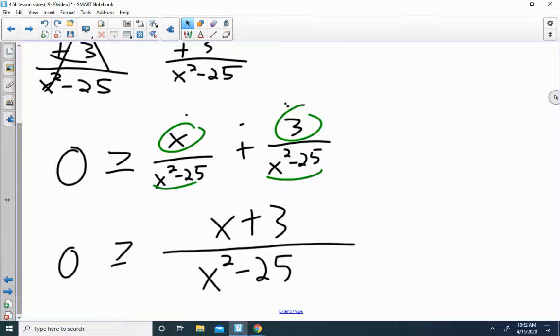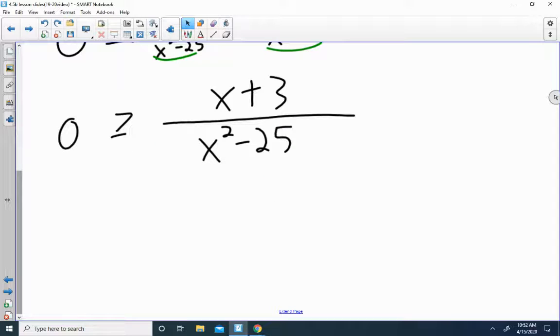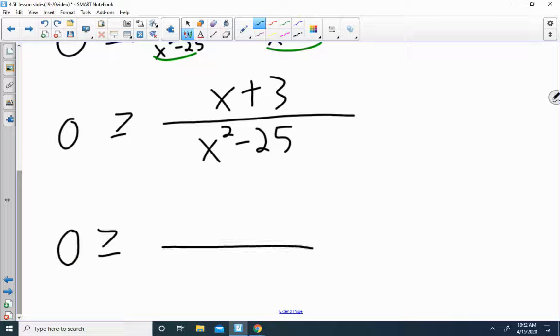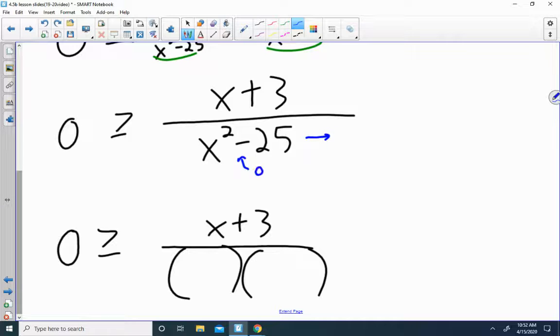And that looks pretty good, but we're actually not done yet. It turns out we can actually factor some more. Because if you look at the bottom, it is missing a middle term. But when you're missing the middle term, you assume it's 0. This is actually x squared plus 0x minus 25.